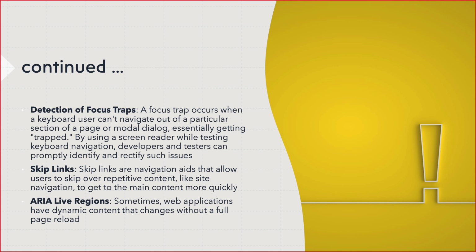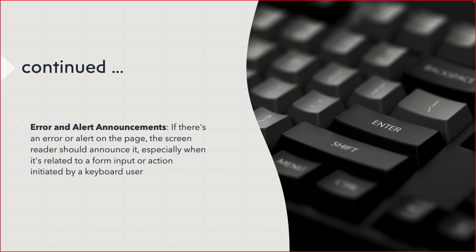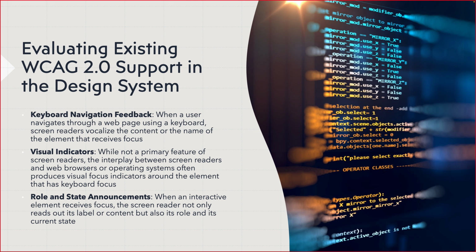The user doesn't have to navigate to that particular interface to read the message. It should be dynamic, a live region. Then we have error and alert announcements. If there is an error on the page, whether you're on an operating system or a web page, the context for this research being a design system and a web application, the error should be read aloud.